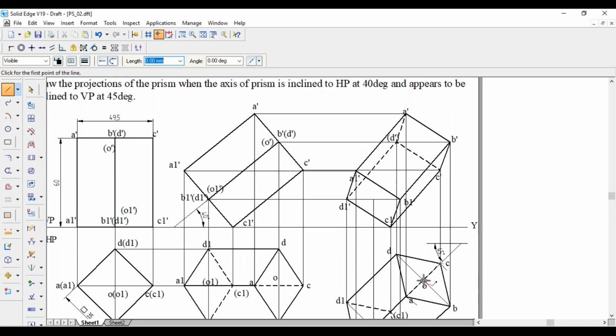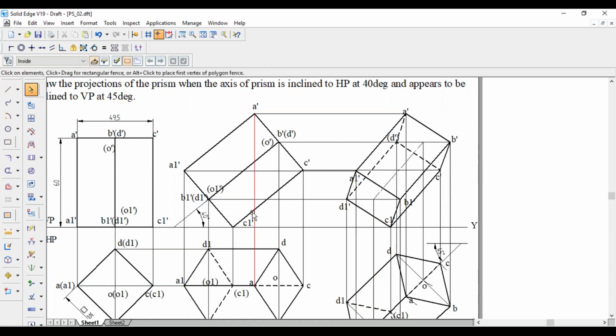So it is nowhere coinciding with any other lines. Join that one with thin chain line. As bottom face is visible, O1 dash is written outside the bracket. As top face is invisible, it has to be written in the bracket.